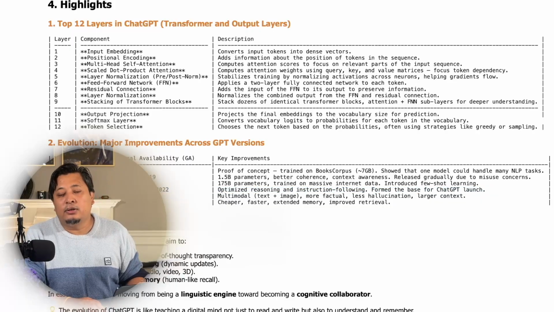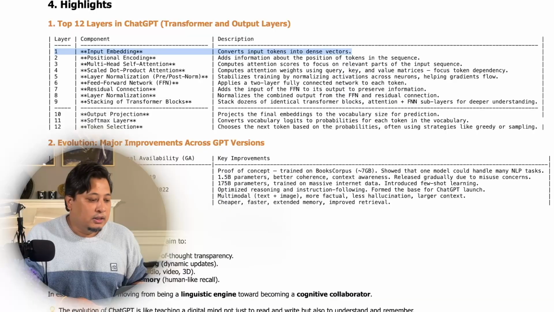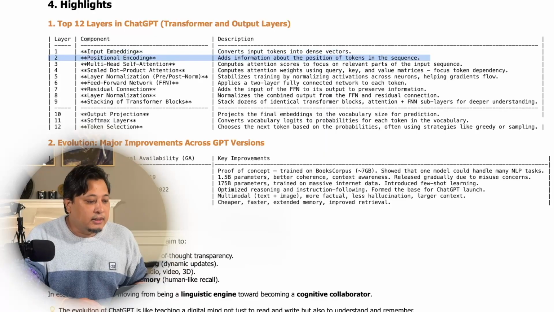Next, let's look into the top 12 layers in ChatGPT. The first layer is input embedding and it converts input tokens into dense vectors. This is also known as the embeddings layer. The second layer is the positional encoding and it adds information about the position of tokens in the input sequence.